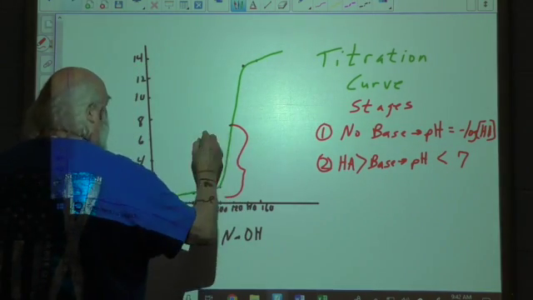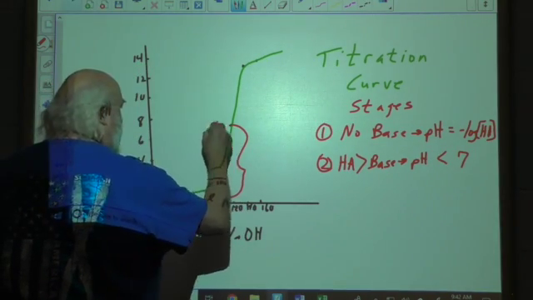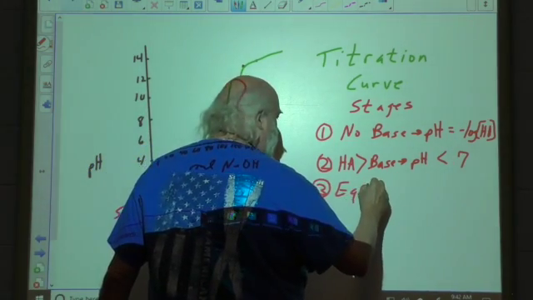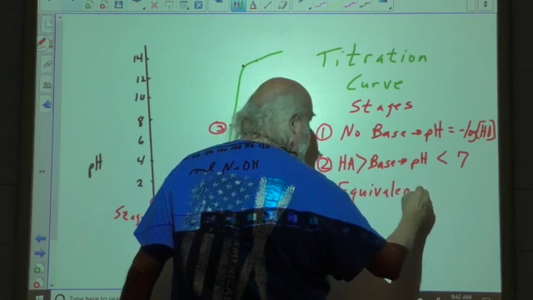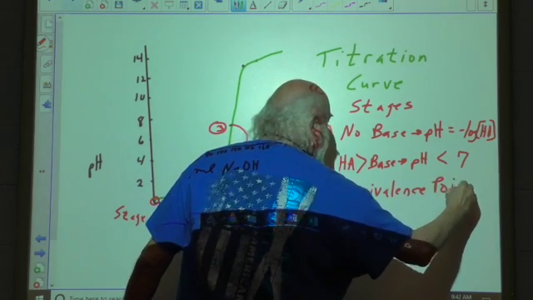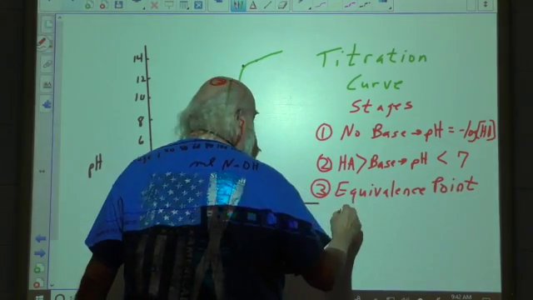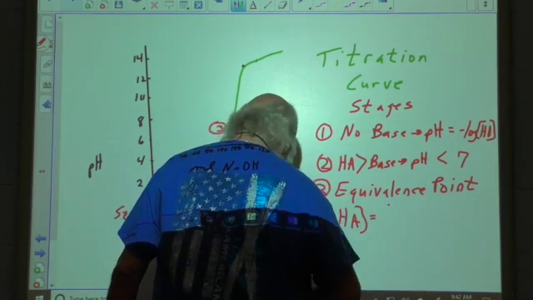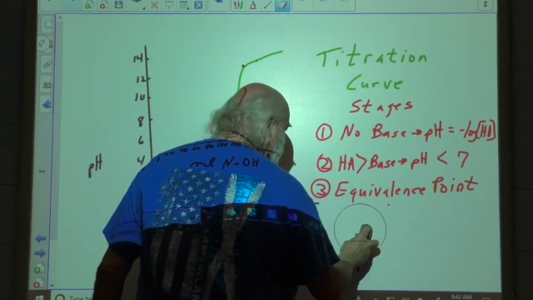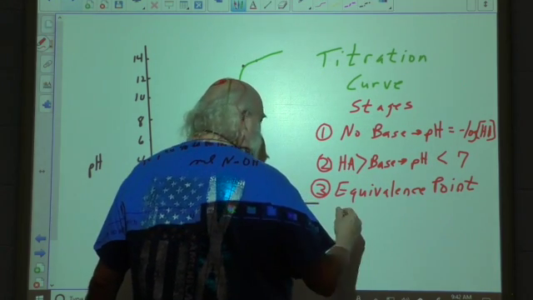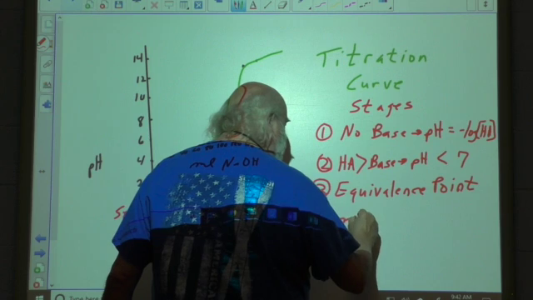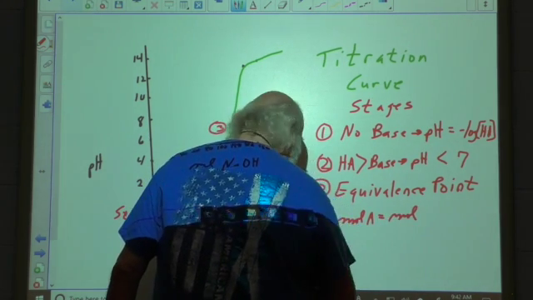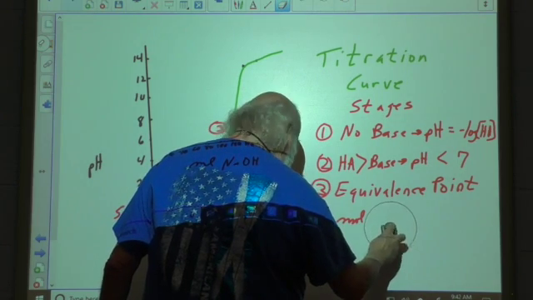Stage 3 is that point right there. We call that point the equivalence point. And that means that the concentration of the acid equals, actually let's just use moles because concentration sometimes is kind of misleading. So moles of acid equals moles of base. We use H positive for acids.